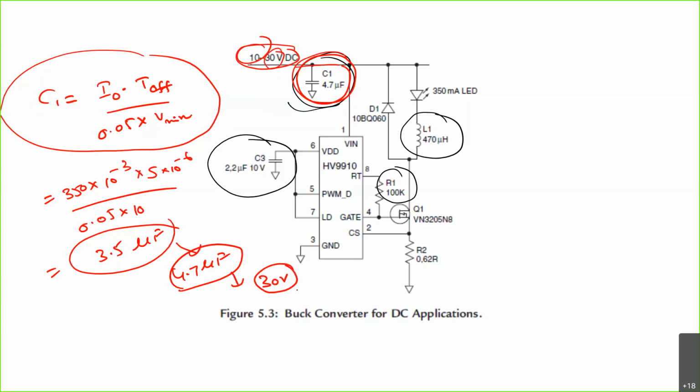There are no 30 volt capacitors, and the nearest value is 50 volts. Therefore, we select a 4.7 microfarad, 50 volt capacitor. Clear?